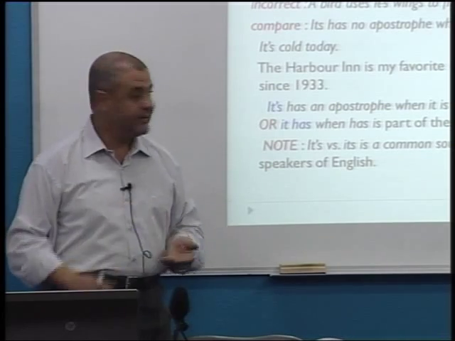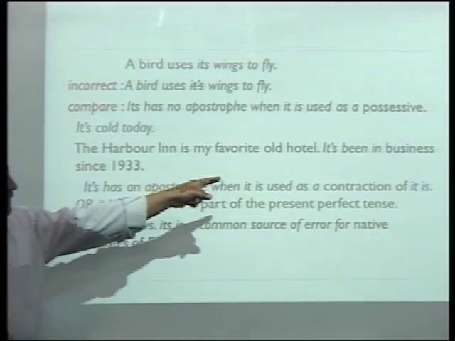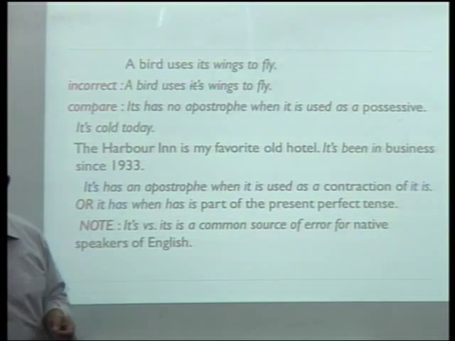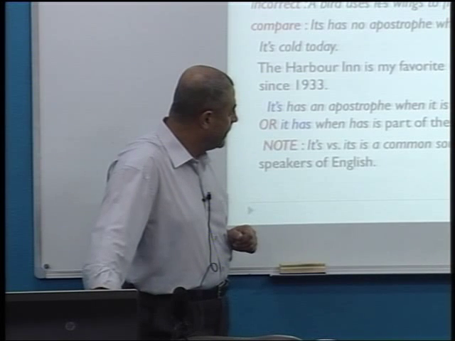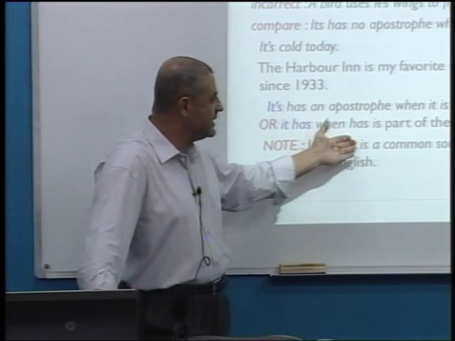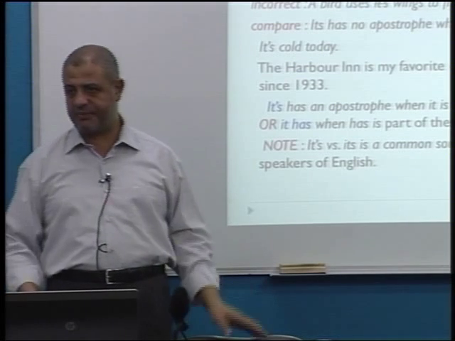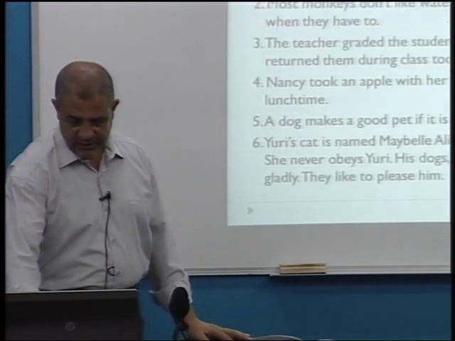Something is deleted. And the other one, instead of writing it has, we write the apostrophe. That's right. And you know, this is an area of error. Even the native speakers make some errors in this area.